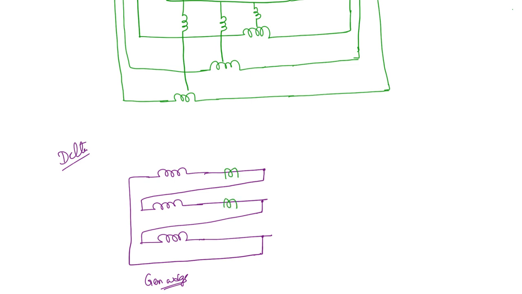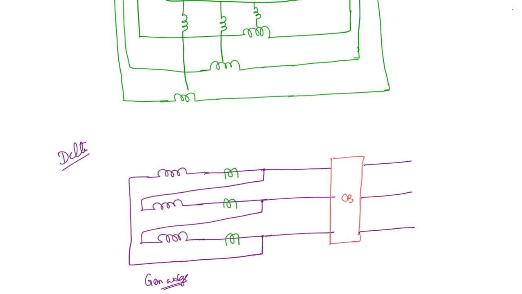So one set of CTs we have here, and these terminals are going away as the line currents, lines ABC. Here we will have the circuit breaker, and the other set of CTs will be connected after the circuit breaker.